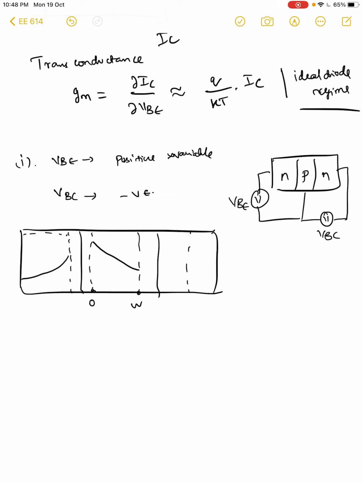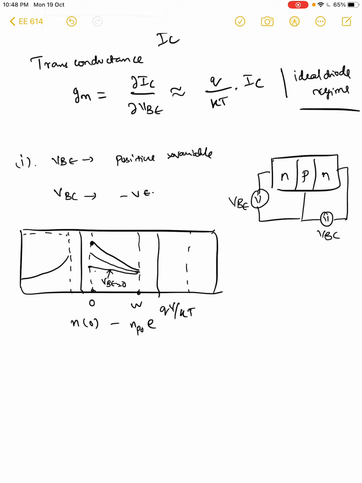It depends on this point. So n of 0 is np naught e power qV by kT. This we saw. Depending upon V, which is VBE, at 0 and at reduced potentials, you will have something like this, and this is the case for VBE equal to 0.